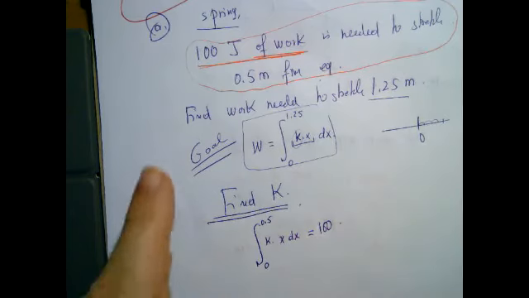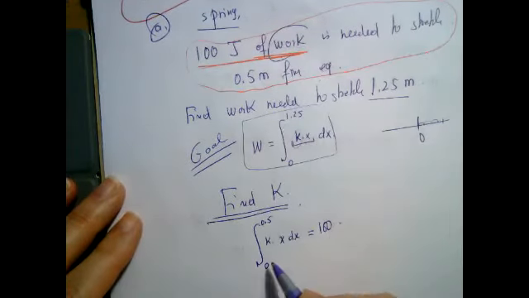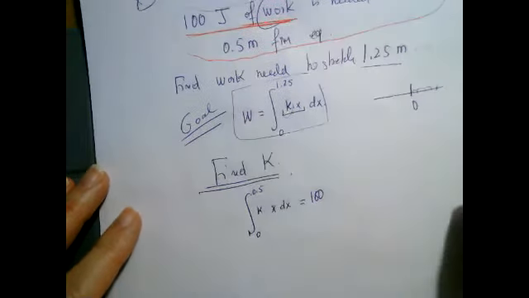In this particular problem, they did not give us information about the force. They give us information about the work. So we have to read carefully: the 100 represents work, not force. Now I use that to solve for k.